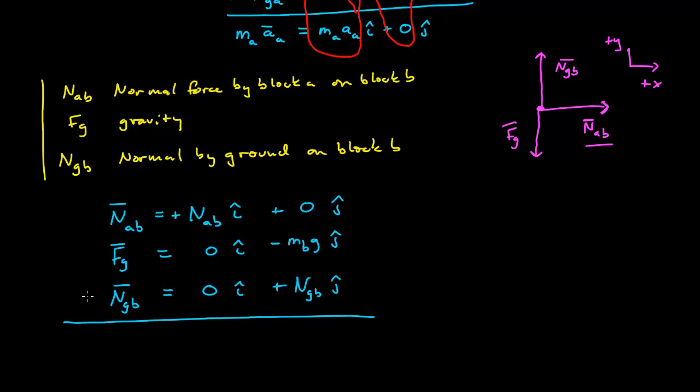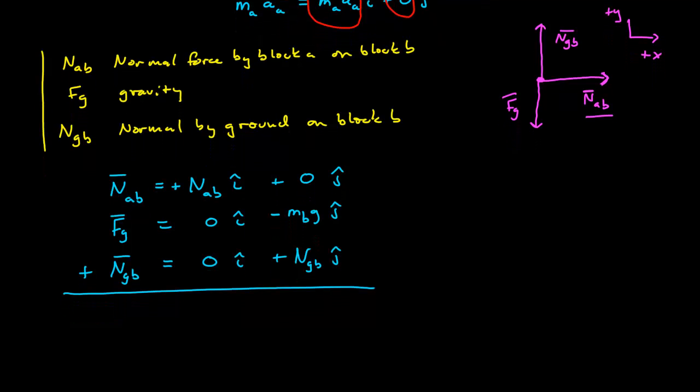So these are my sum of the forces, and now I can set that equal to the mass of that one object, which is mass B, times the acceleration of that one object, which is the acceleration of B. So we know from the context of the problem that there's no acceleration in the y direction, and that just leaves us the magnitude of the mass times the acceleration in the x direction.